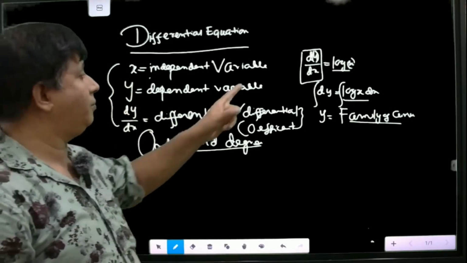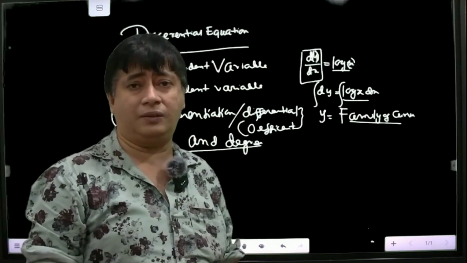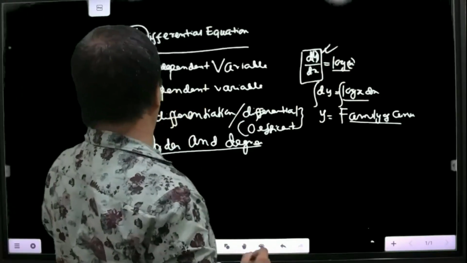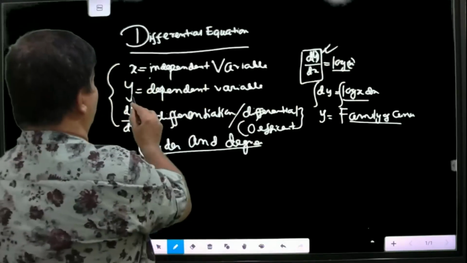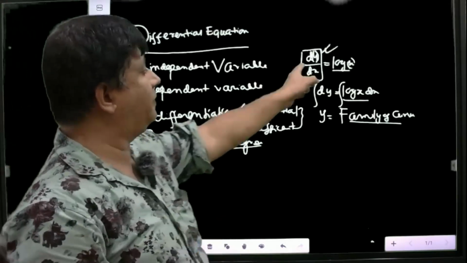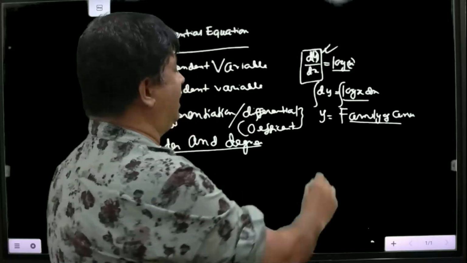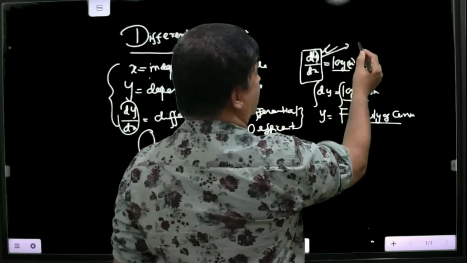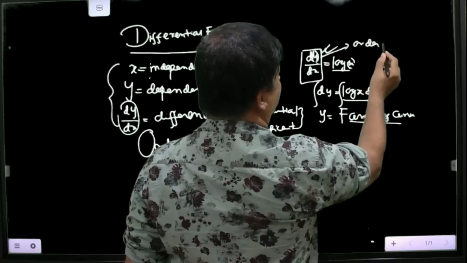Say this is a differential equation which involves x, which involves y and which involves dy/dx. So, this is a differential equation. Its order, it is the first order derivative. So, its order is 1.